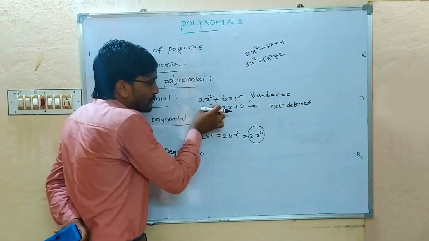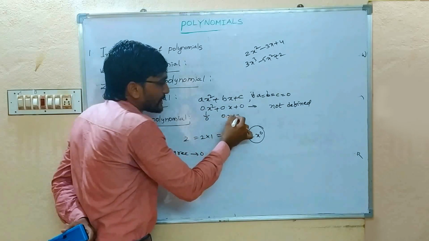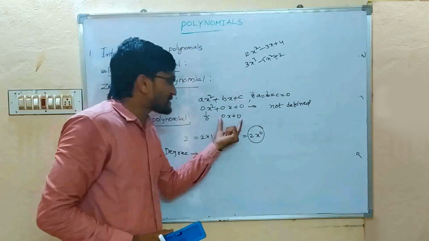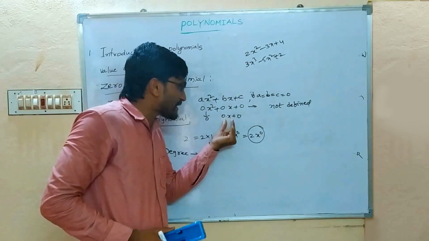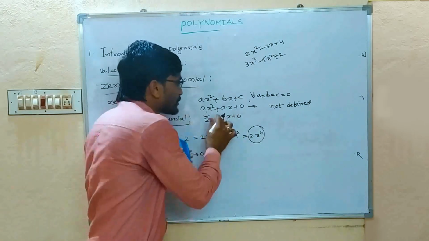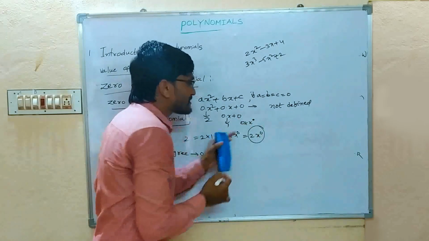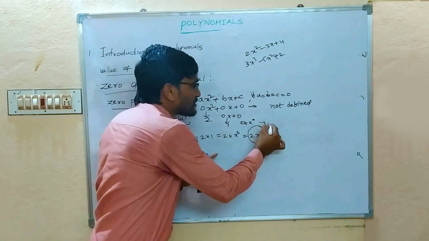Suppose anyone says the degree is 2. 0 into 2x square is nothing but 0. Then 0 into x plus 0. So now what is the degree? Here the highest power is 1, so the degree is 1. 0 into anything is 0. I want to write this as 0 into x power 0. The degree is 0.